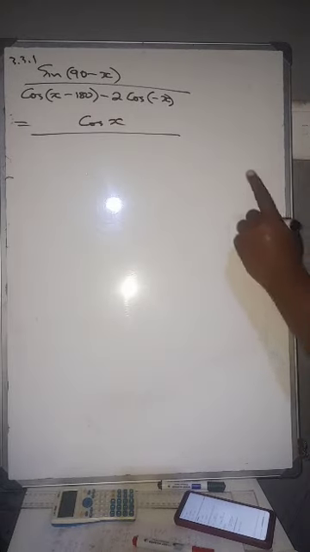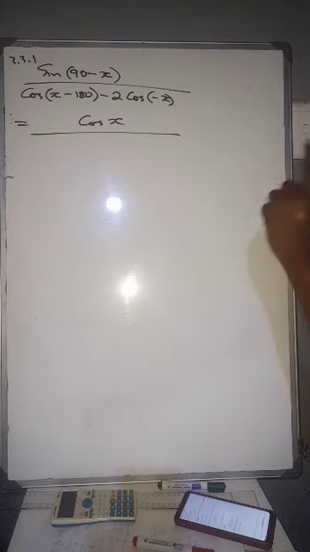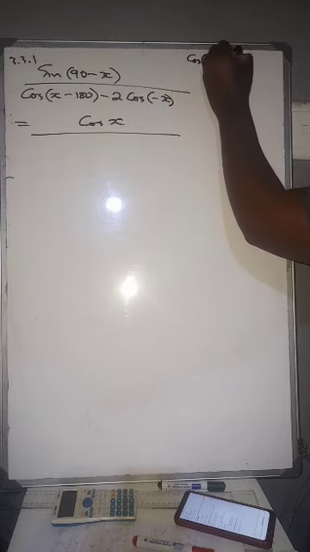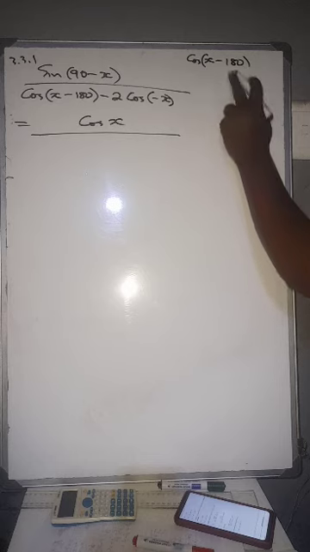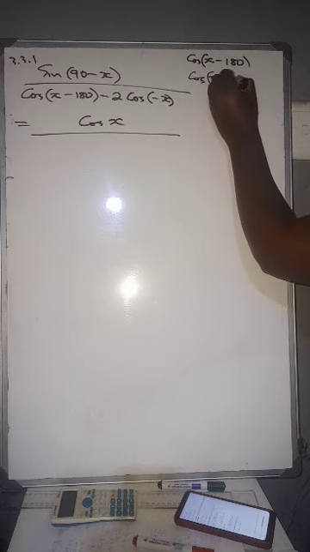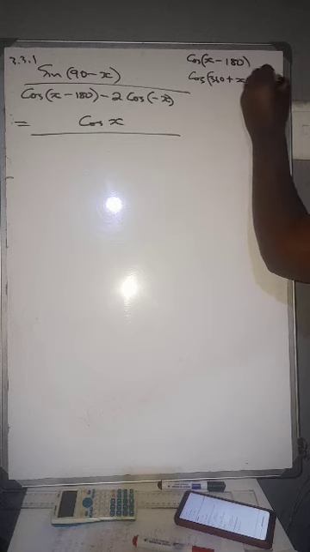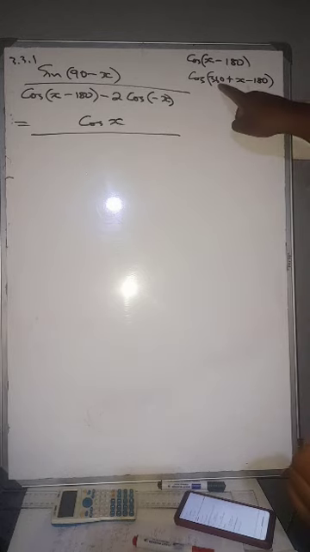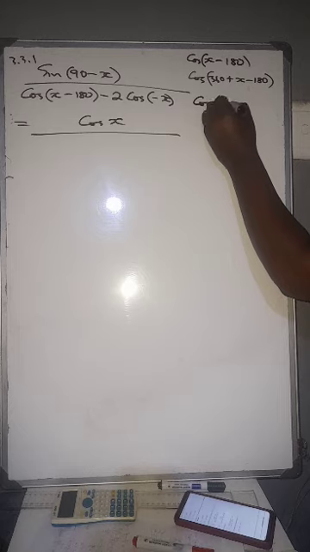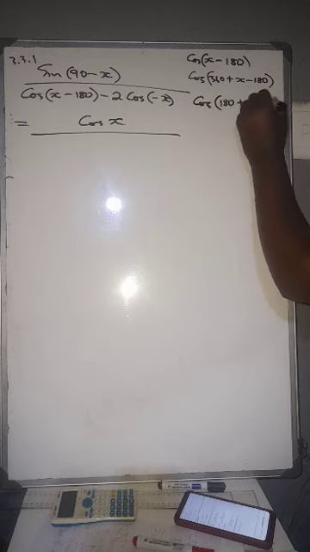Remember, when we add or subtract 360, it does not change the value or position of that ratio. So cos of x minus 180. To make it easy, you can just say cos of 360 plus x minus 180. We just add 360 there. 360 minus 180 is cos of 180 plus x.